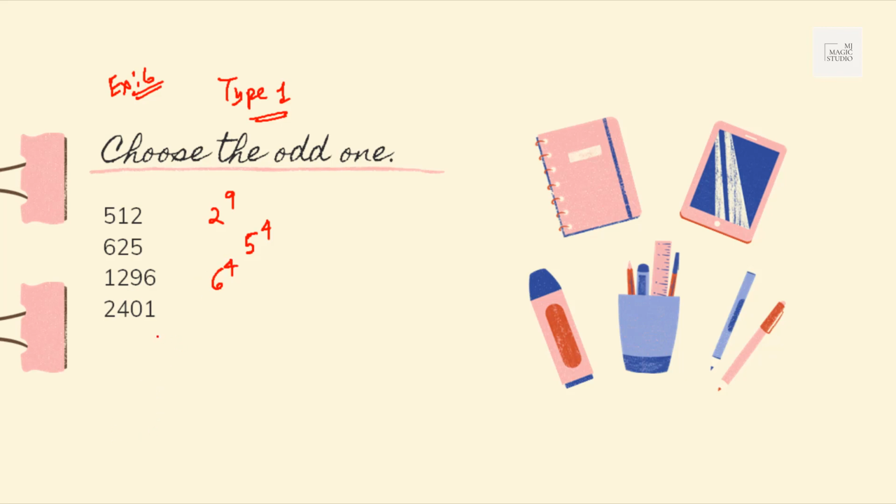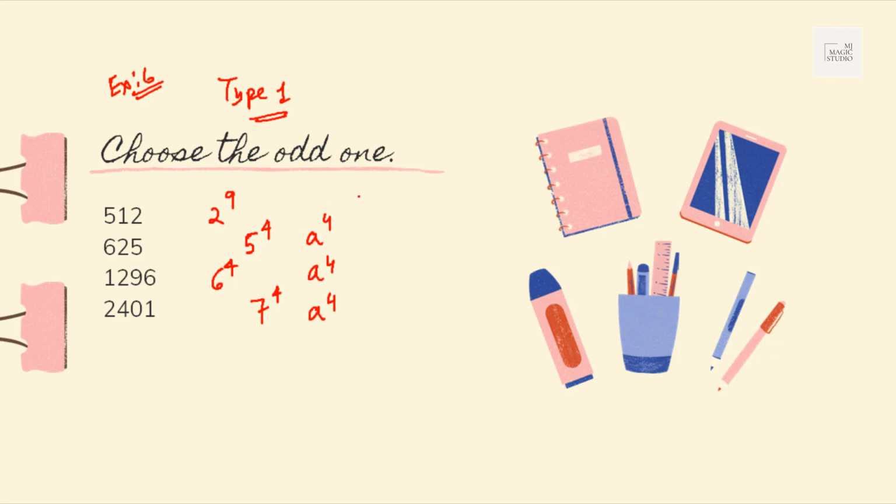Can I write this as 6 to the power 4? 2401 is 49 square. It is 7 to the power 4. So this is like a to the power 4, a to the power 4, a to the power 4.